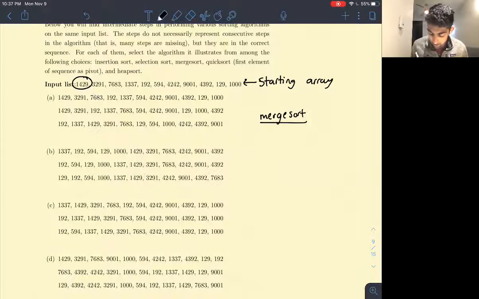So what's happening here is that we took 1429 and then we move it in the middle right here. And then what happens, we can see, is that 1337, 192, 594, 129 and 100 all move to the left-hand side.